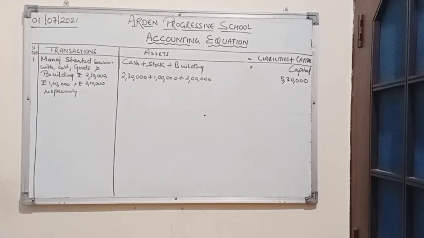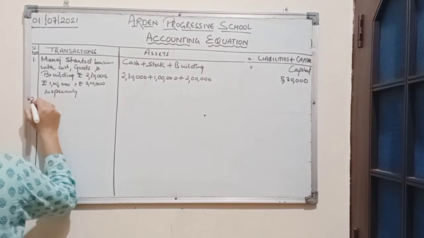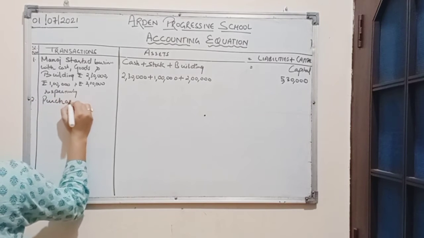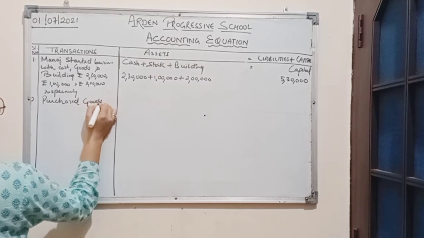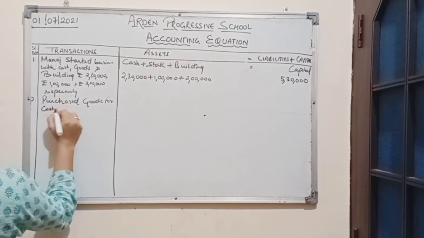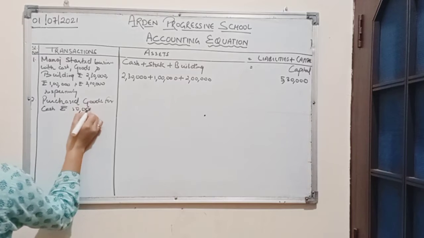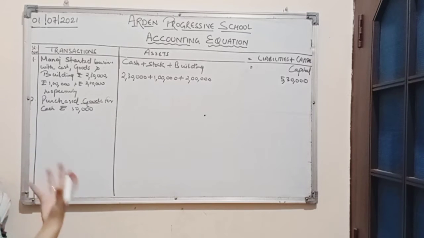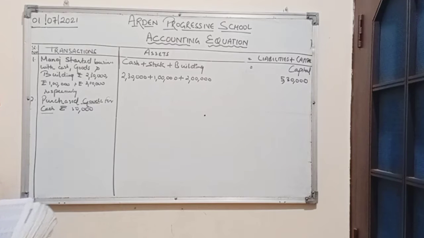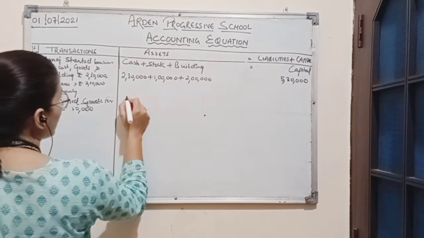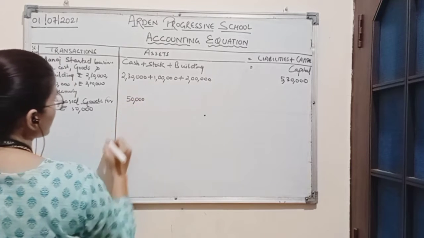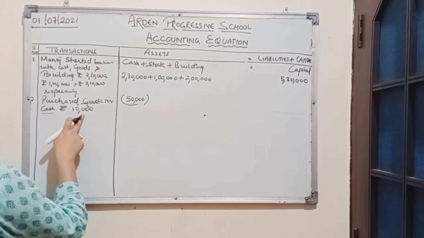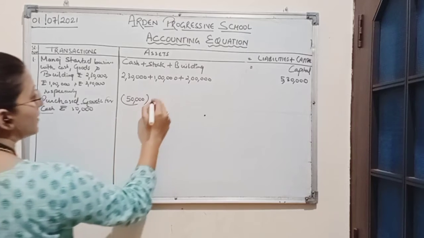Now, the next transaction is he purchased goods for cash amounting to rupees 50,000. Now, goods has been purchased. That means there is an inflow of asset as stock and it is purchased for cash. That means there is an outflow of cash. So, we will deduct this amount, 50,000, from cash and we will add the same amount in the stock column.